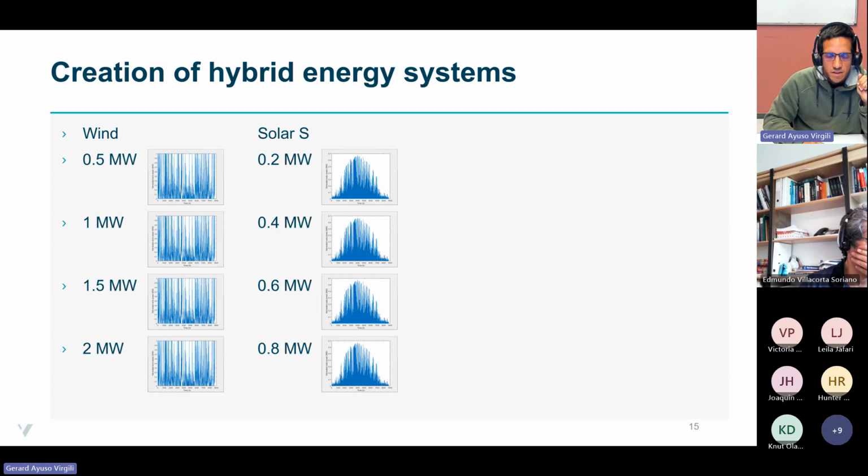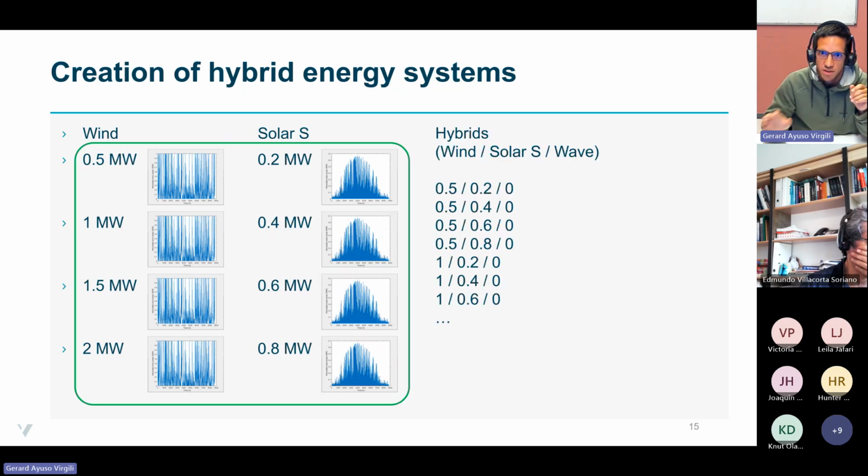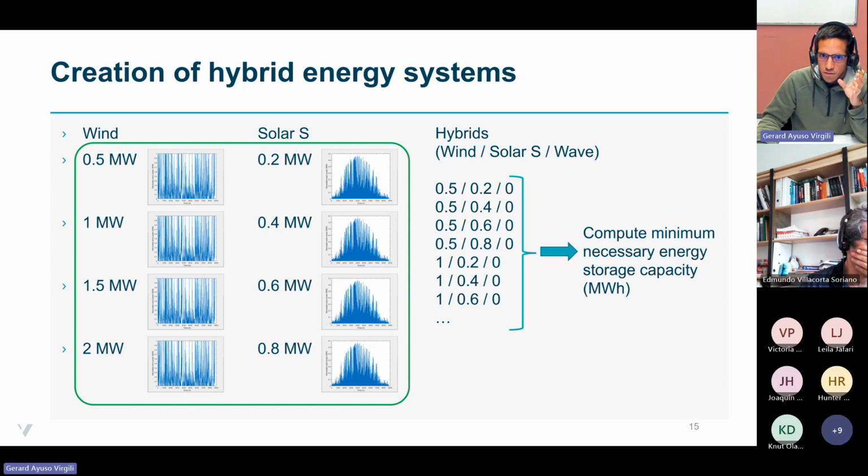As I said, in the end, we want to run several combinations of wind, solar, and then wave energy once this is done. And with all of these combinations, we would see what's the energy storage demand required for that hybrid. Then we'll be able to set trade-offs between power capacities of wind, solar, and wave energy, and the power capacities for the storage of either batteries or hydrogen.